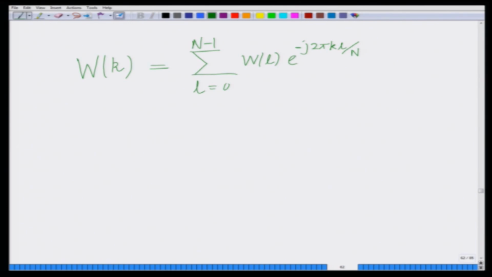So capital Wk is the kth FFT point of the noise samples.